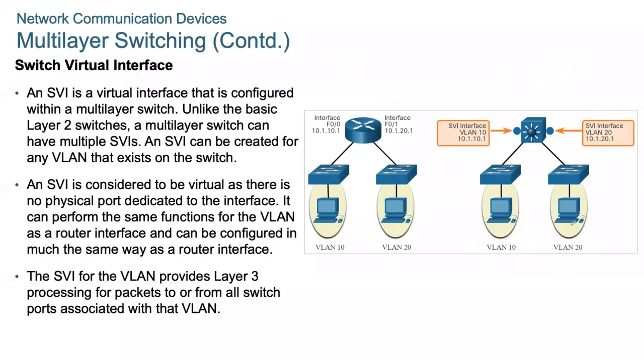So it acts as if you are having IP addresses, which come in layer 3. So it will have either an IP version 4 address or an IP version 6 address.